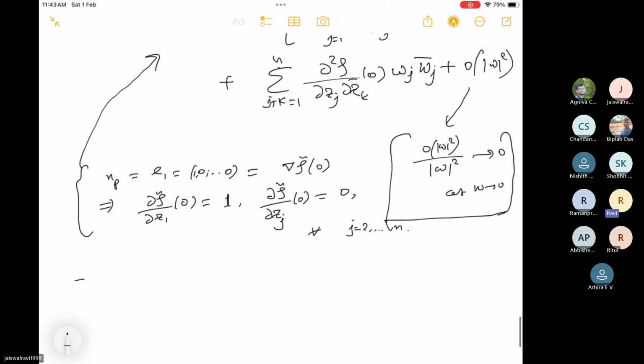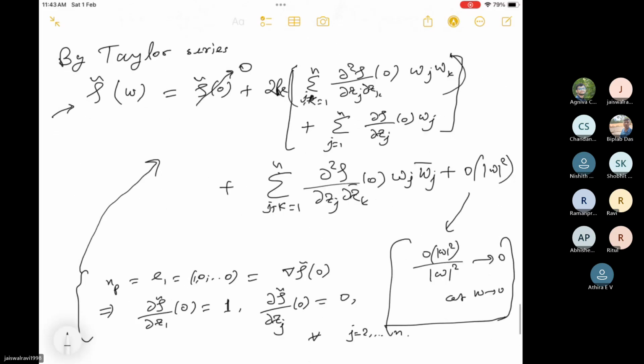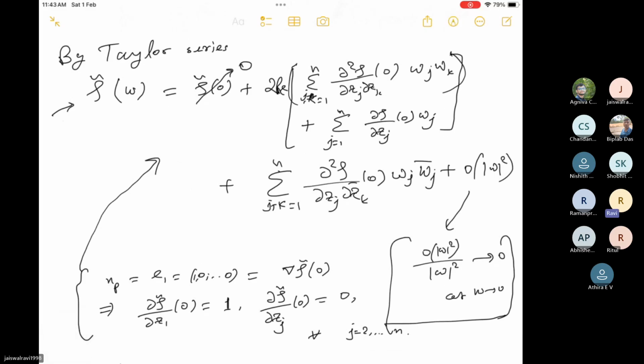rho tilde of w is 2 times the real part of... Okay, I think in a Taylor series there is no 2.